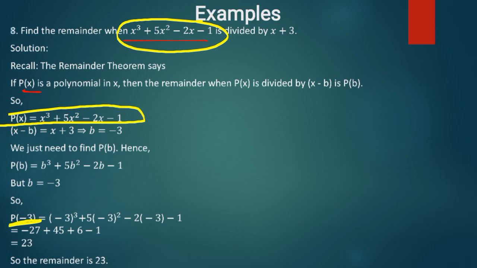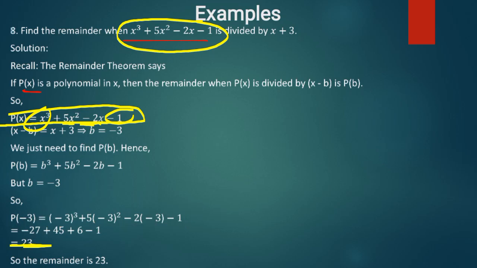Wherever there is x, it now becomes minus 3. So the x here will be minus 3 to the power 3. There's a 5 outside, x to the power 2, so the x is minus 3 to the power 2. Minus 2, then x, which is minus 3, and then minus 1 at the bottom, the last part. So you just simply substitute, simplify, and get your answer.